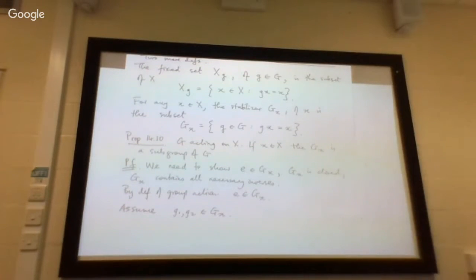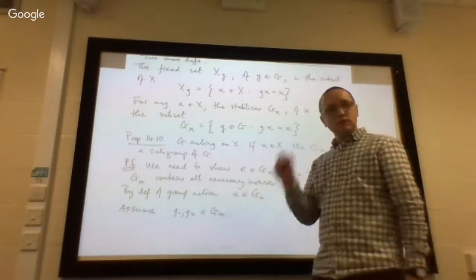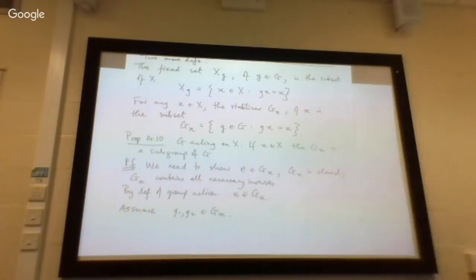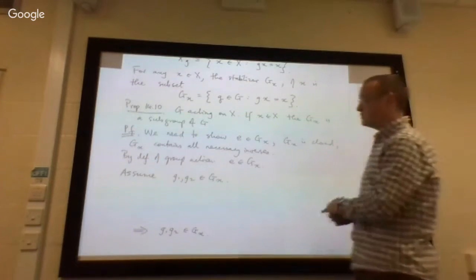That's what closure means. Take any two elements in the subset, their product must be in the subset, because we want this to act like a group. Here, we want to show that the product g1 g2 is in the stabilizer.